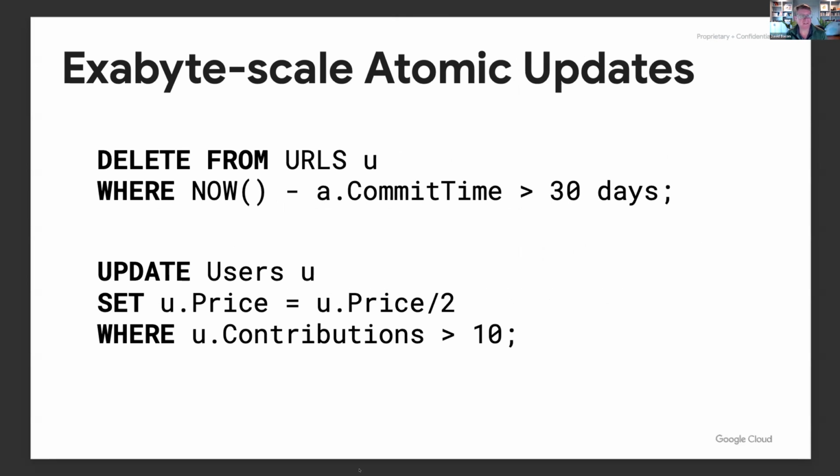As I mentioned, we have databases that have gone beyond exabyte scale. And following this encapsulating complexity principle for Spanner, users are doing things which conceptually they would like to do as single transactions over a full database of this size. So maybe you want to get rid of URLs from your web index that are more than 30 days old.